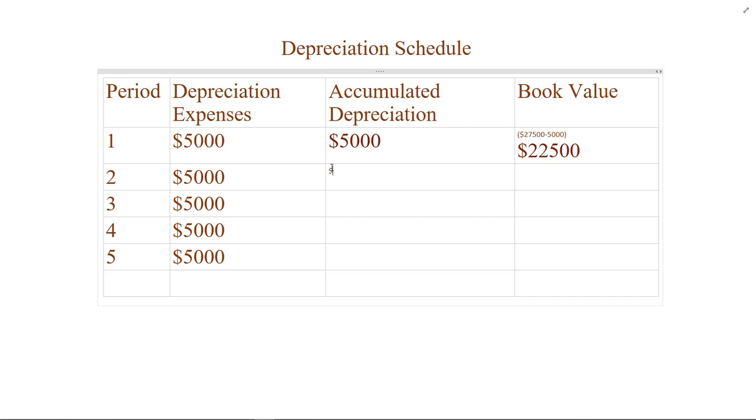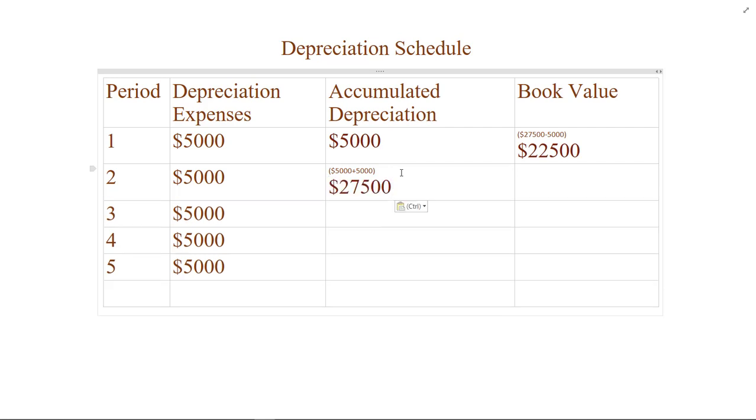So I will write it as 5,000 USD, the depreciation of the previous year, plus 5,000 in the current year. 5,000 plus 5,000, that's equal to how much? That's equal to 10,000. It means 10,000 is the total accumulated depreciation. It means the value of the asset in the second year has decreased by 10,000 USD.